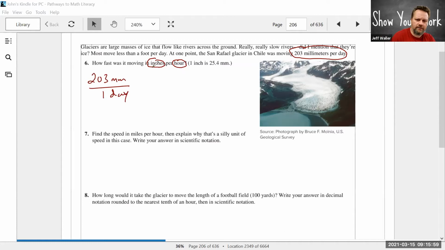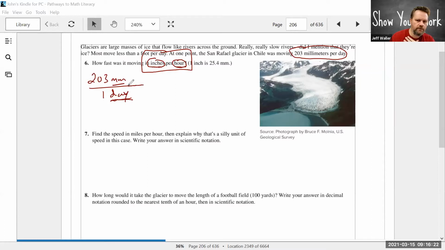Did you get inches per hour then? No. Do you guys understand what I'm saying? A few people changed millimeters to inches, but never changed days to hours. So you didn't answer the question. It wants inches per hour. So I've got to change the millimeters, and I've got to change the days.